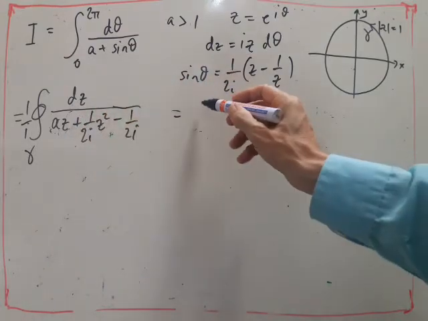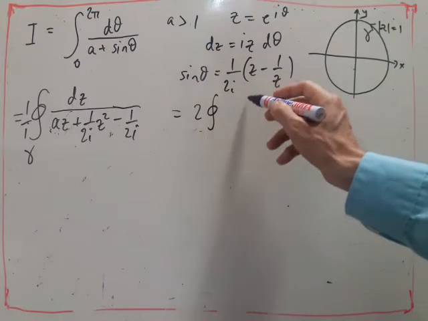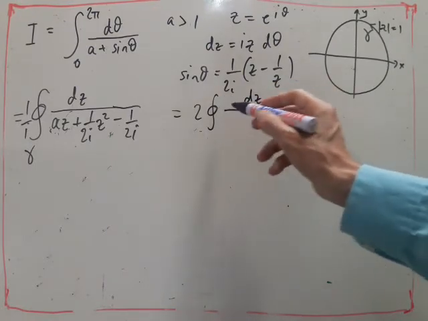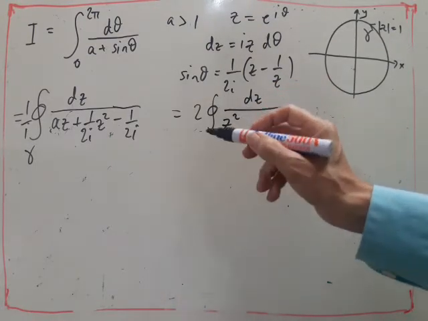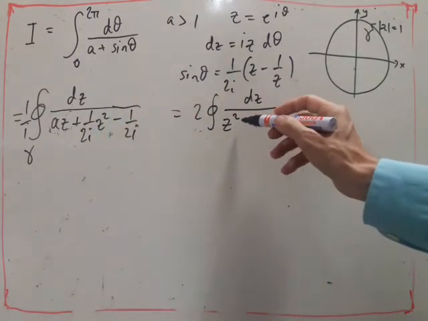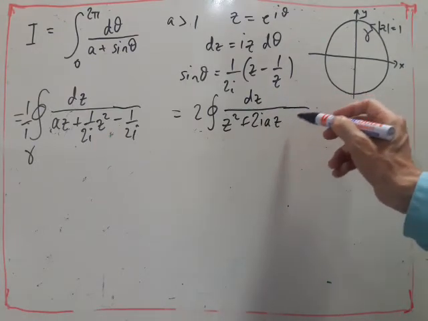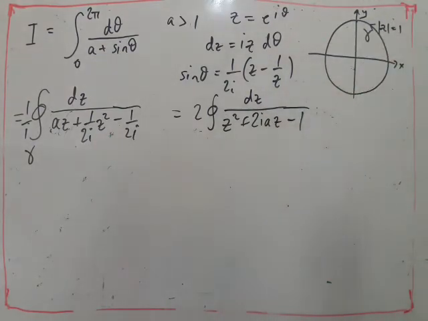That will then cancel out this i, and we'll have 2 times z squared plus 2iaz minus 1.